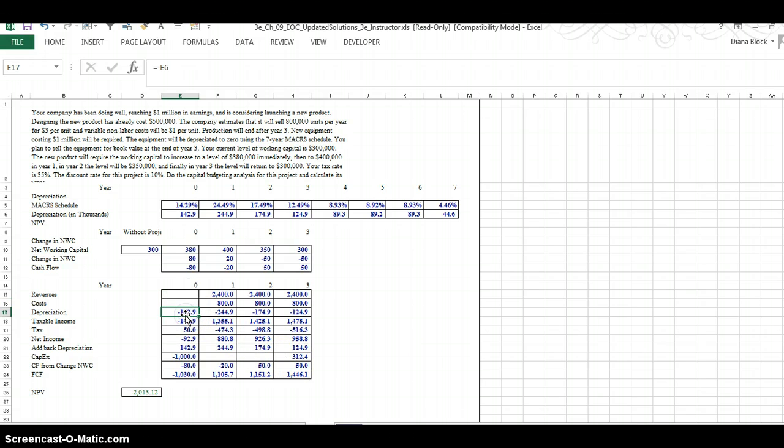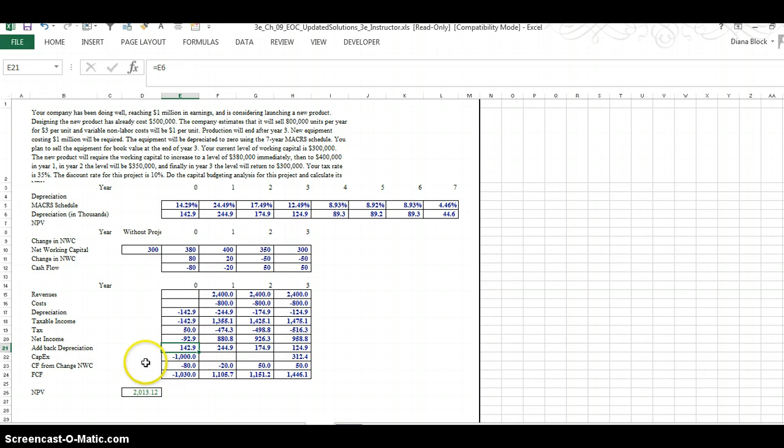You are going to have depreciation, remember, because MACRS has depreciation in year 0, which means you're going to have tax. You're going to calculate your tax on this taxable income, which is going to be nothing but the depreciation amount. Then you'll determine your net income by subtracting the tax from your taxable income.